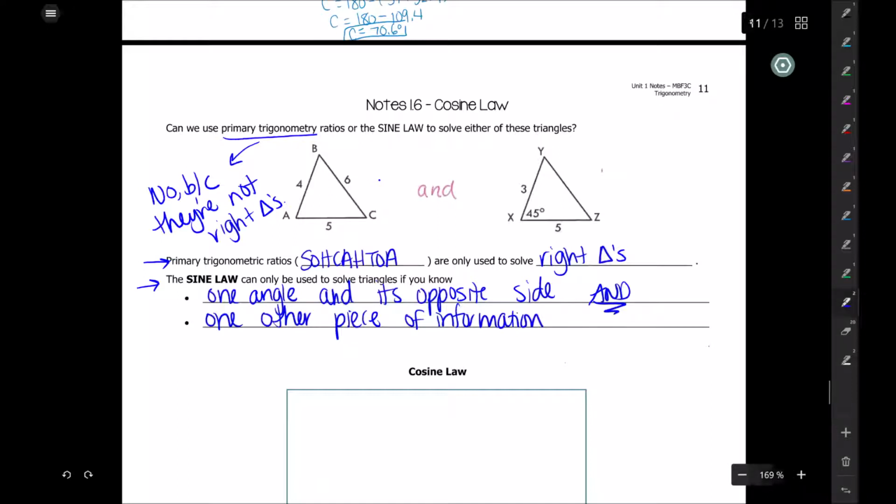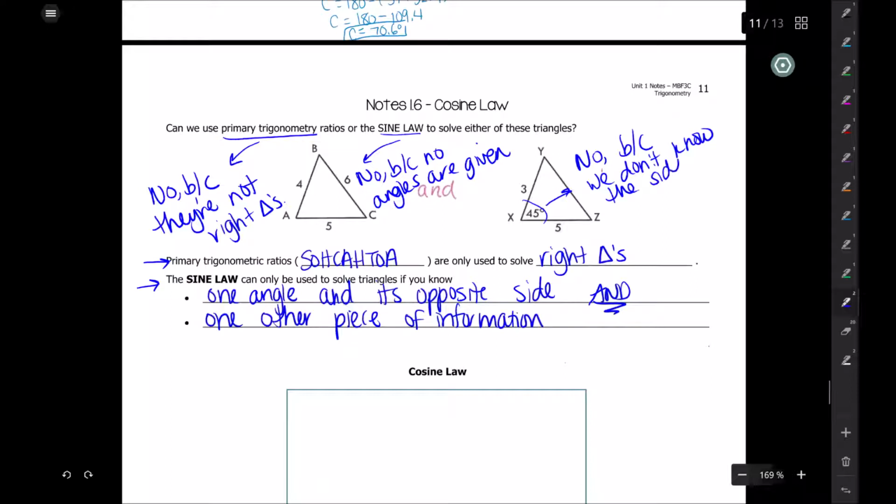And in this example right here, we can't use the sine law because there are no angles. No angles are given. And for this one right here, we are given an angle, but we don't know its opposite side. So no, because we don't know the side opposite the angle.